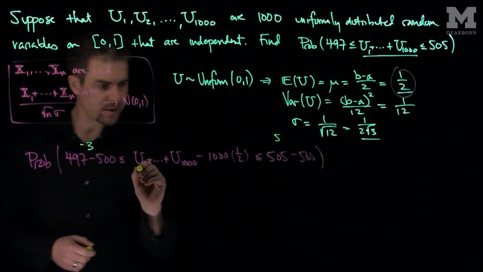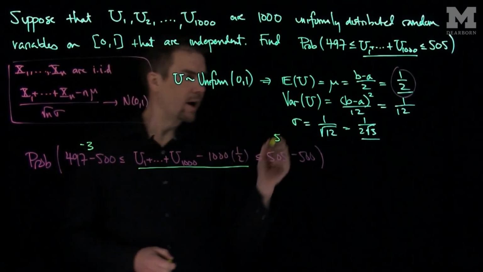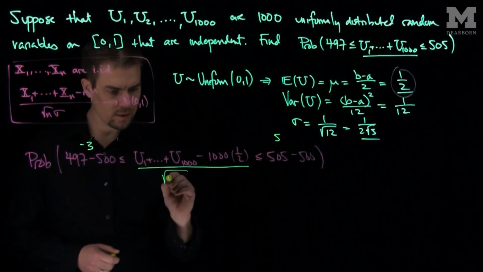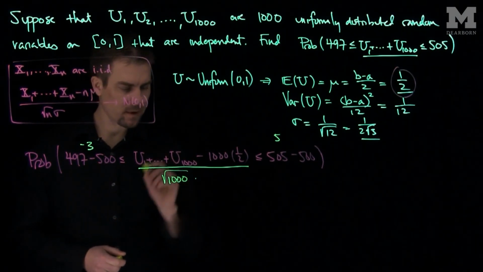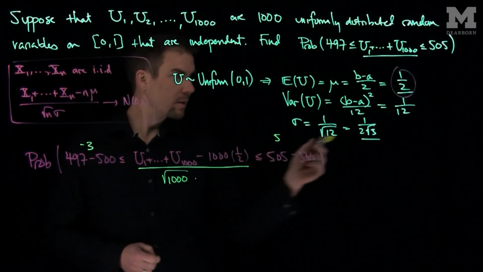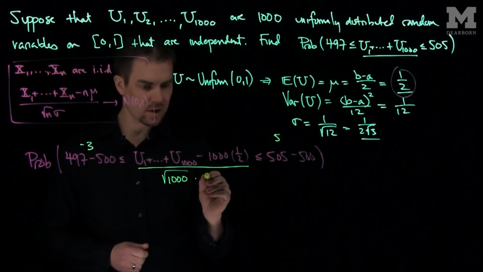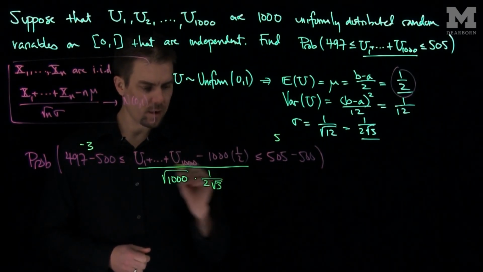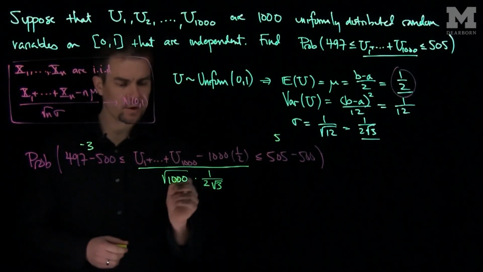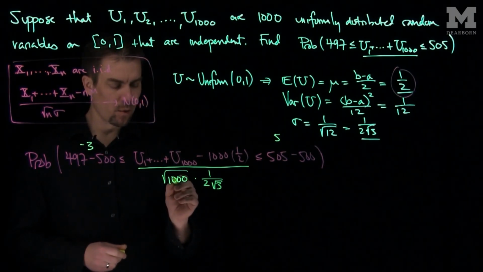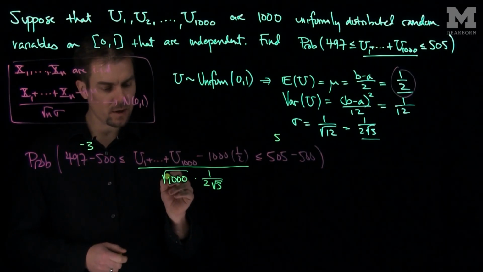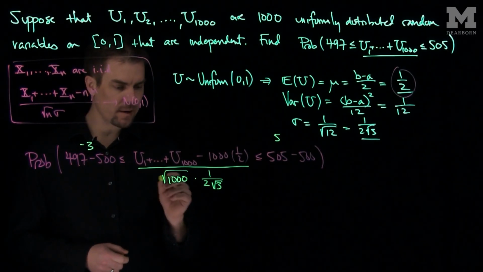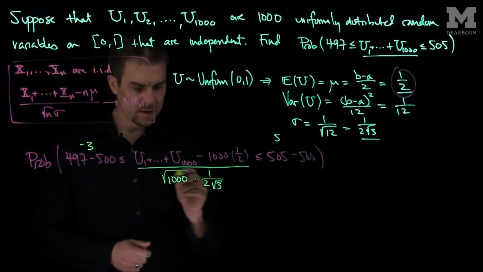And then I have to divide this whole expression by the square root of 1,000 times the standard deviation, which is going to be 1 over 2 square root 3. Now the square root of 1,000 is 100 times 10, so it's going to be 10 root 10.